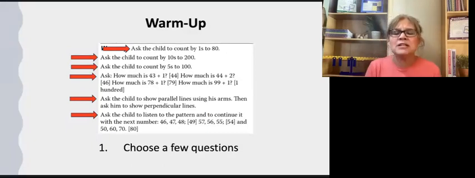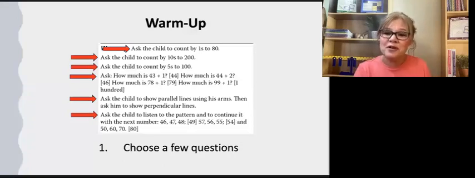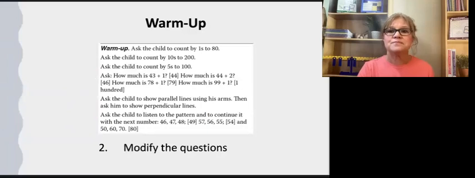I also might have my child do the next section where it says, how much is 43 plus 1, 44 plus 2, 78 plus 1. But I might only have them solve 1 or 2 of those, not all 4. I also might adjust those problems to make them easier at first. For example, when I'm asking 43 plus 1, I may actually start backwards and say, what is 3 plus 1?